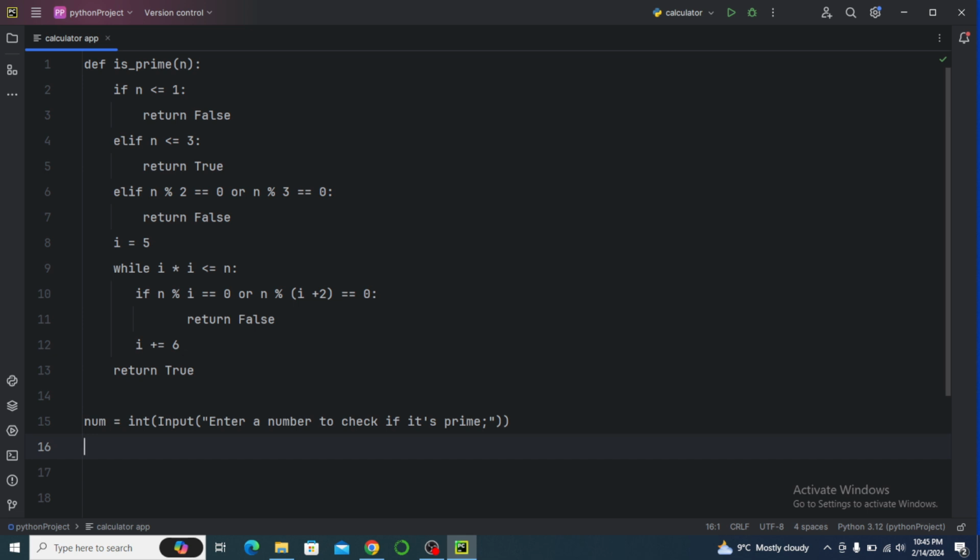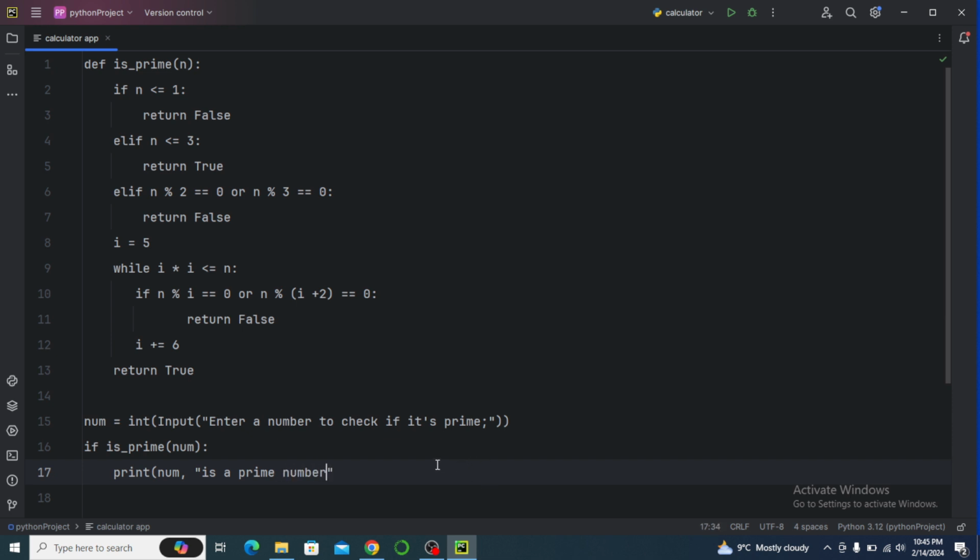So you're going to say if the number is prime, print number is a prime number.